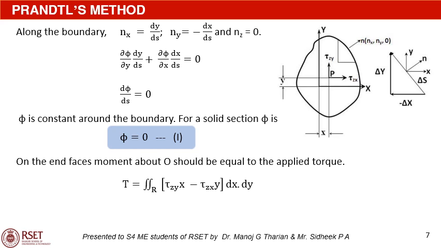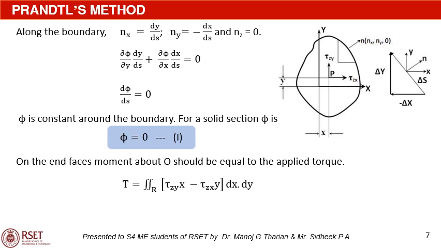Now, we will see the moment due to the shear stresses at point P. It is given by tau zy into x minus tau zx into y, as can be seen from the figure. The net moment due to the internal stresses is given by double integral over the region R of (tau zy into x minus tau zx into y) dx dy.